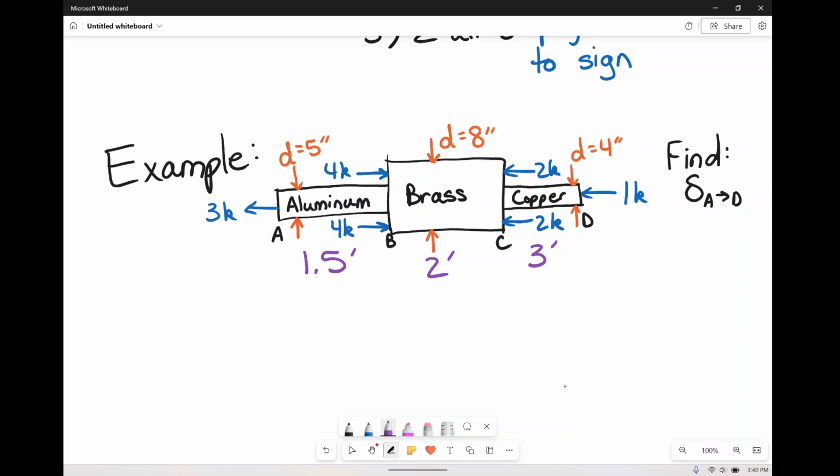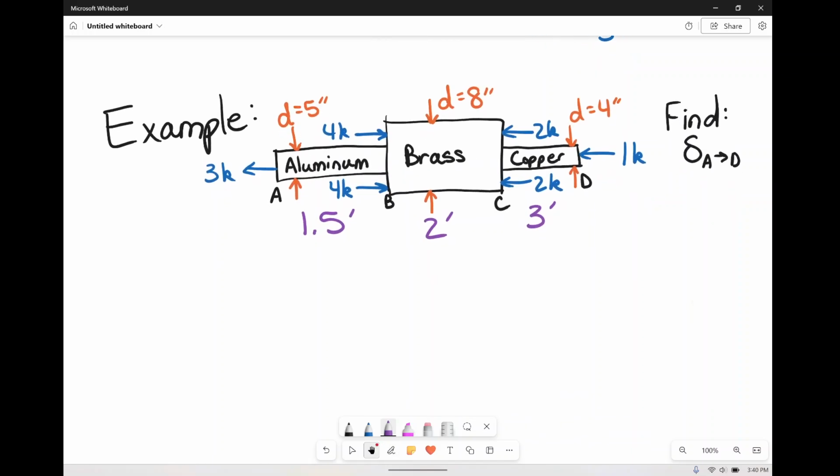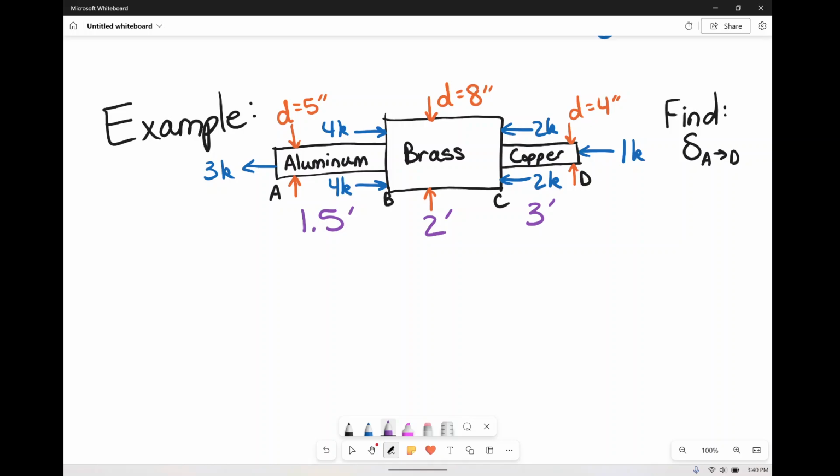And our 3 different things, aluminum, brass, and copper, all do have different diameters. This is probably the most awkward thing on the planet to try and create. Why would you do this? Who knows? But for the sake of creating all of these different little axial force deformation calculations, we're going to have to see all the different variables we could use.